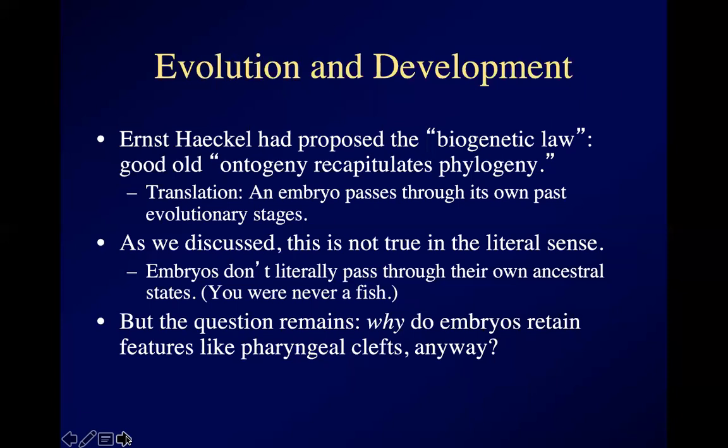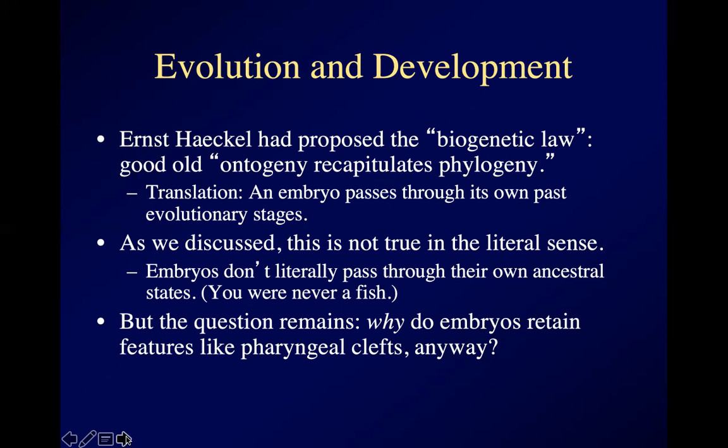Phylogeny is evolutionary history. And what he meant was that an embryo passes through its own past evolutionary stages, not necessarily literally, maybe more of a condensed Cliff's Notes version, but embryos go through stages that resemble what their ancestors looked like in some fundamental way.